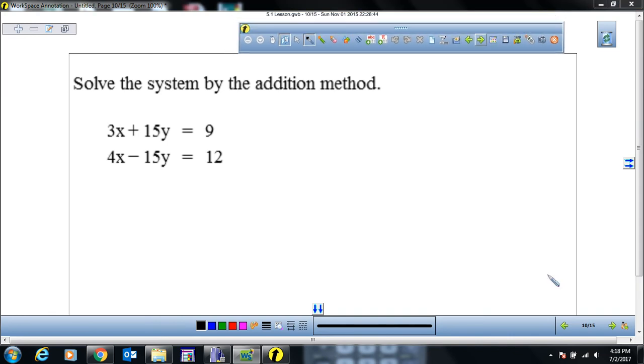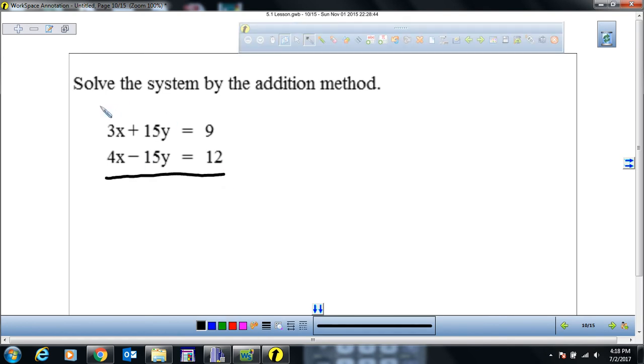Solve the system by the addition method. Now, in this problem, we need to verify first of all that both equations are written in the form ax plus by equals c, which, as you can see, both of them are already in that format.